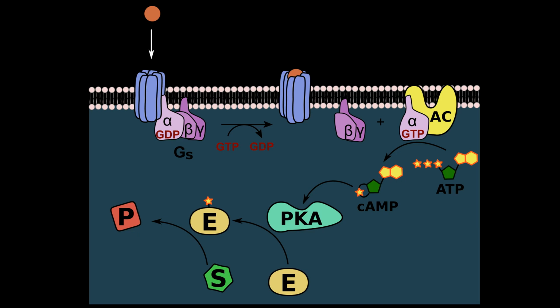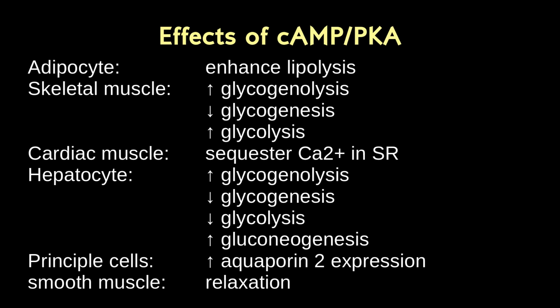And so if we go back and we look at the different effects of different cells, like in adipocytes, you can get enhanced lipolysis. In skeletal muscle, increasing, and again, you don't need to know this exhaustive list. This is an example. But the effect of this in skeletal muscle can be increasing glycogenolysis, decreasing glycogenesis, and increasing glycolysis.